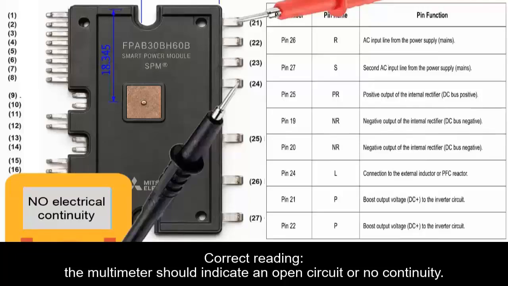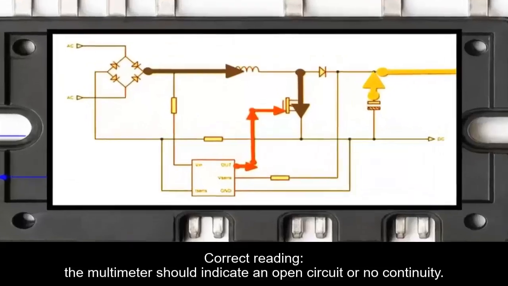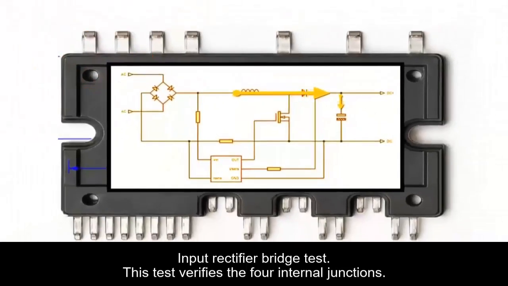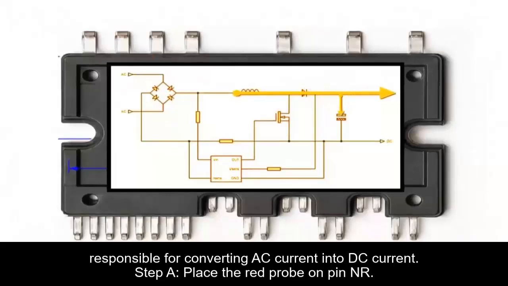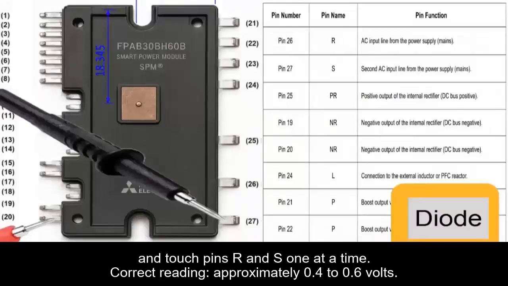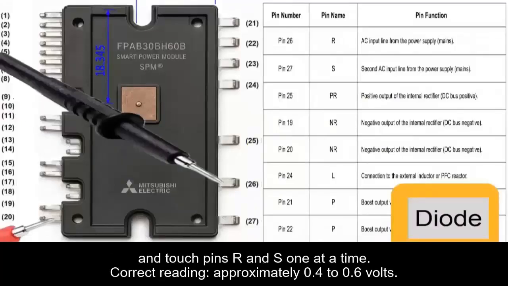Input rectifier bridge test. This test verifies the 4 internal junctions responsible for converting AC current into DC current. Step A. Place the red probe on pin NR and touch pins R and S one at a time. Correct reading, the multimeter should display a diode voltage drop of approximately 0.4 to 0.6 volts.